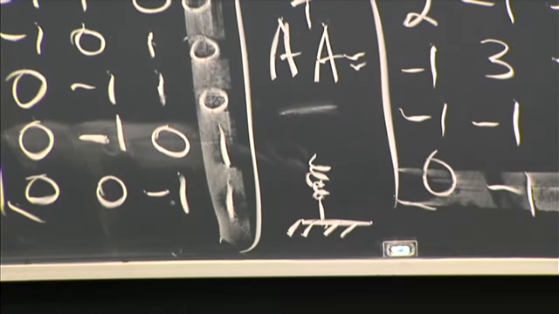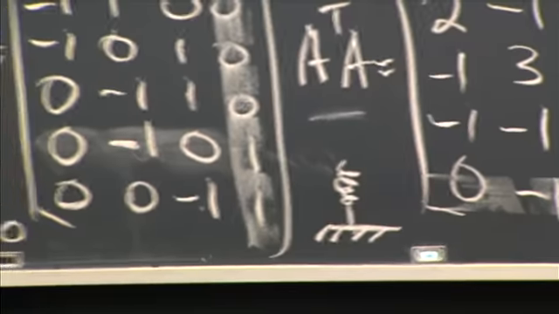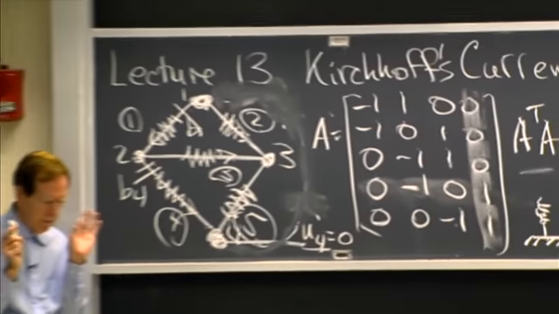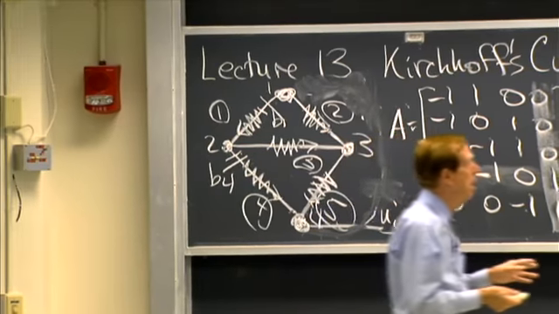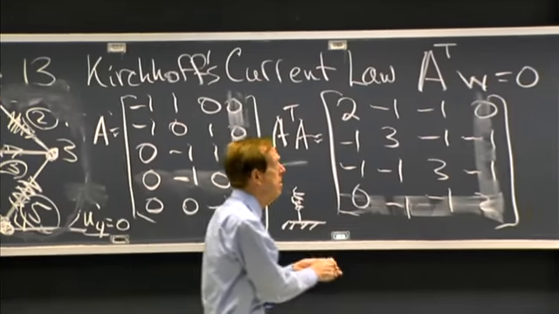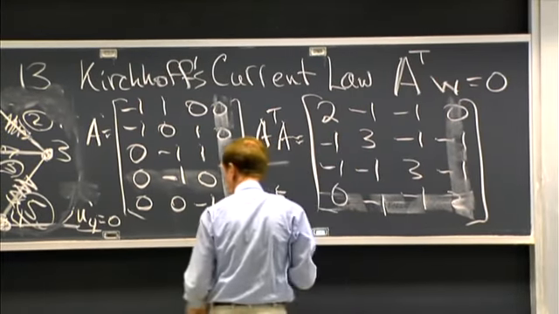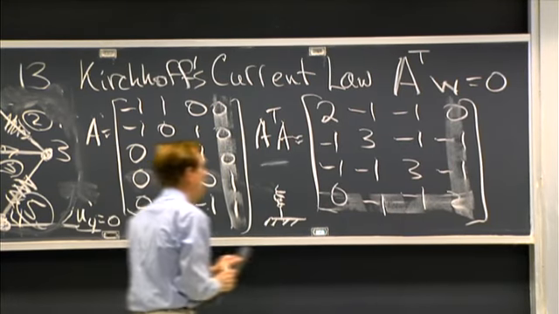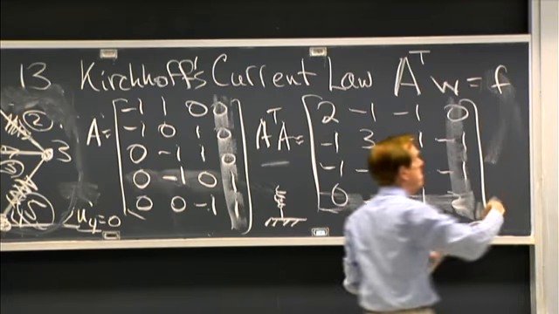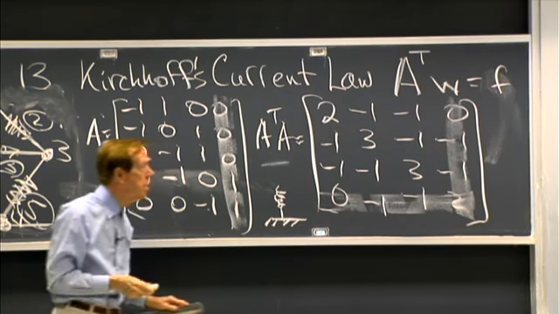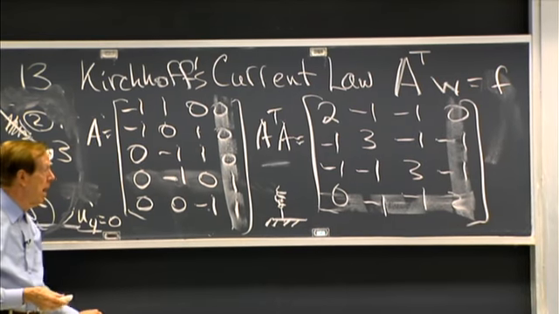Now, I want to try to think through what happens in the balance equation, A transpose W, let me make it A transpose W equal F, because that's the case with right-hand side allowed.